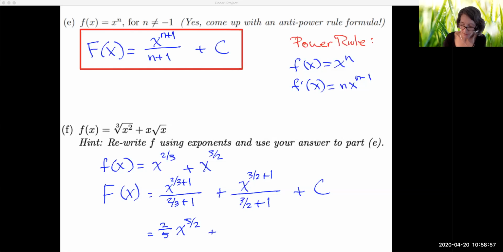Sorry, that was 5/3. My bad. Sorry, the first one is 3/5 times x to the 5/3. The second one is x to the 5/2, and it's 2/5.